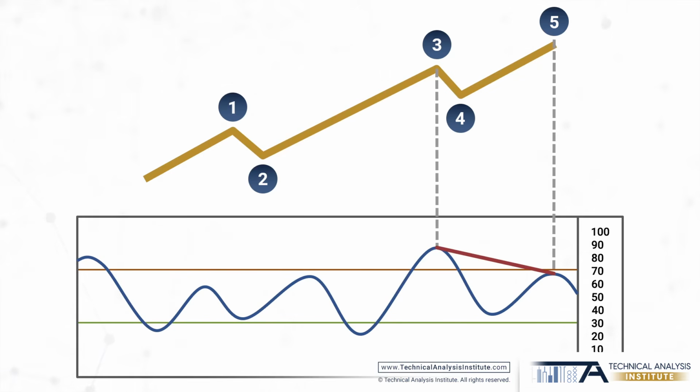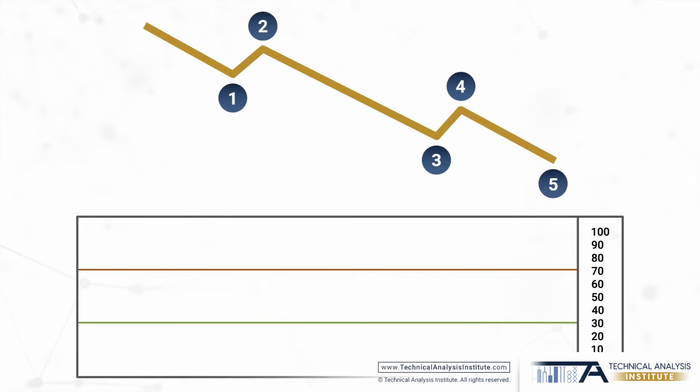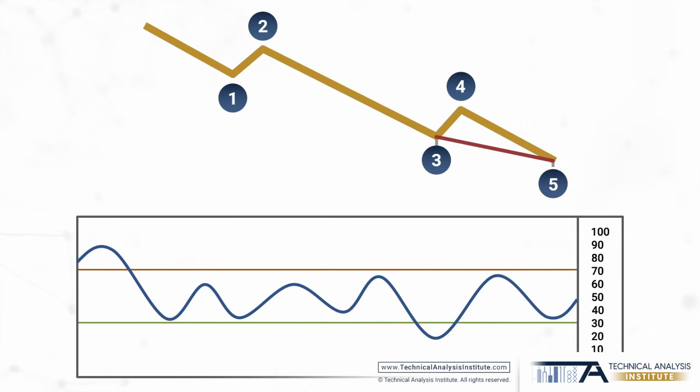Thus, a divergence where the first high is above the reference line and the second high is below the reference line corresponds to the top of the third and the top of the fifth wave respectively. In a downtrend, the third wave would move below the reference line and the fifth will stop above it. That will produce a divergence with a lot more probability to succeed.